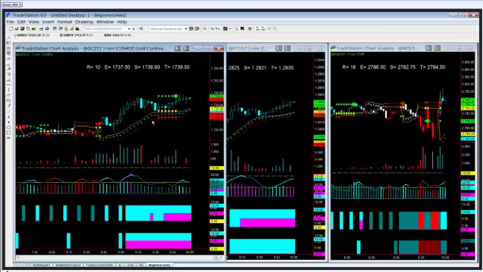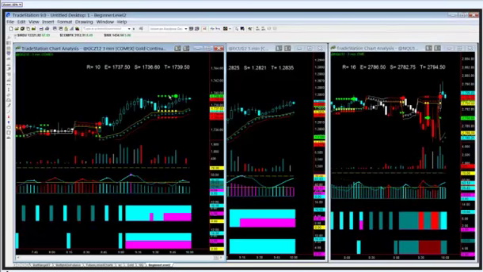Then the red line is your stop, okay? If price touches the yellow line, you will get a yellow dot. And if you get the yellow dot, you will also get a red dot, because anytime you're in the market, you need a stop. This is your stop. It also plots a green dot. This is your profit target. It is based on a 1-to-2 risk to reward ratio.